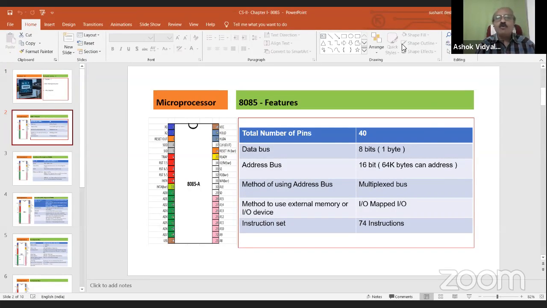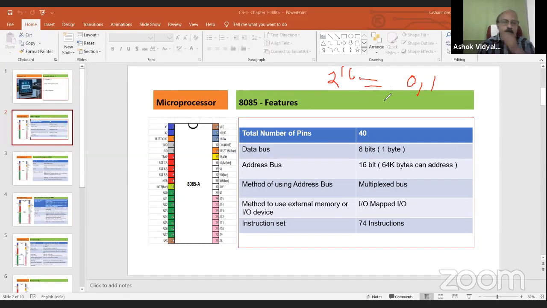As all of you know, a computer understands only binary language, that is 0 and 1, so everything is in the power of 2. So if you take 16 bits, 2 raised to 16 will be equal to 64 kilobytes.